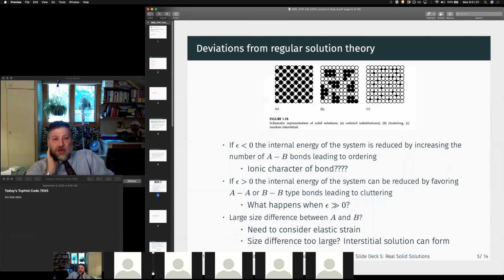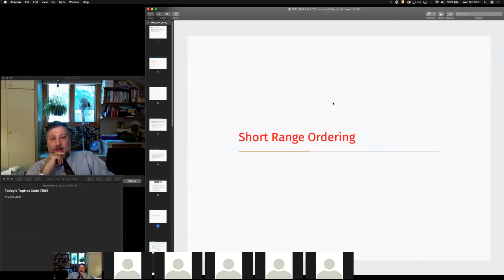Well, short range ordering is essentially a case like we see in B. These clusters are not arranged on a perfect periodic lattice. There is no long range order amongst the clusters, but locally, we see that there is a propensity for AB bonds over AA and BB.